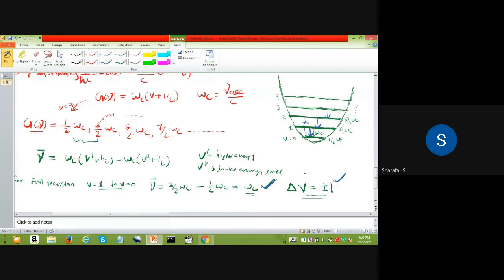In that case, delta V will become 0 minus 1, that is minus 1. That is also possible. But from 2 to 0, or 0 to 2, it is not possible because the delta V value will become plus or minus 2. That is not allowed. It is forbidden. So only delta V equal to plus or minus 1 is allowed. So this is the selection rule for the vibrational transitions.